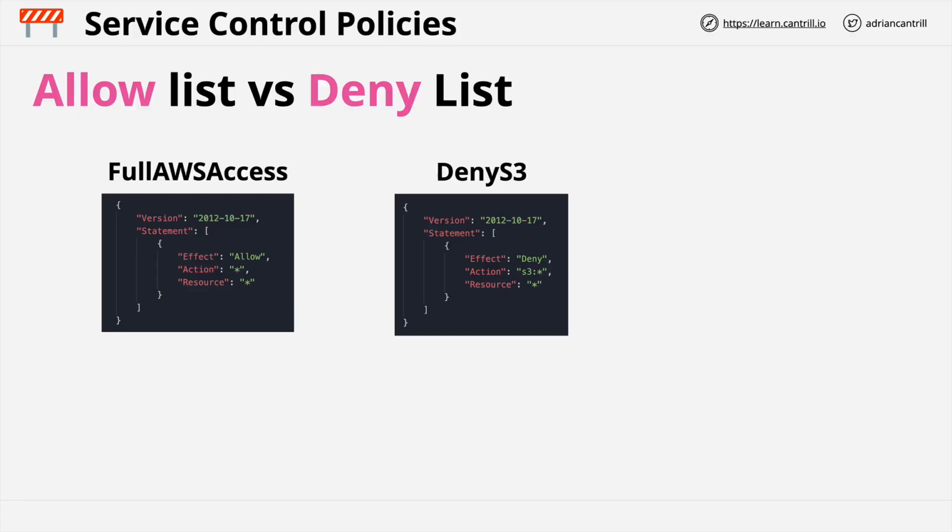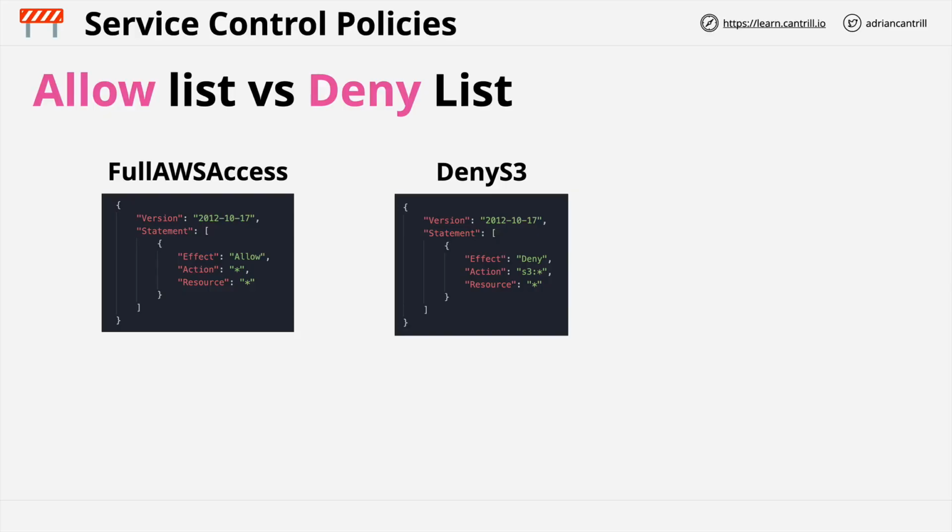So the same priority rules apply: deny, allow, deny. Anything explicitly allowed in an SCP is a service which can have access granted to identities within that account, unless there's an explicit deny within an SCP.